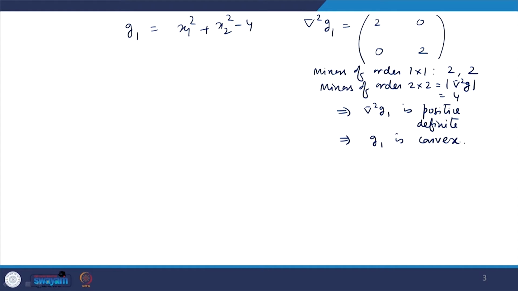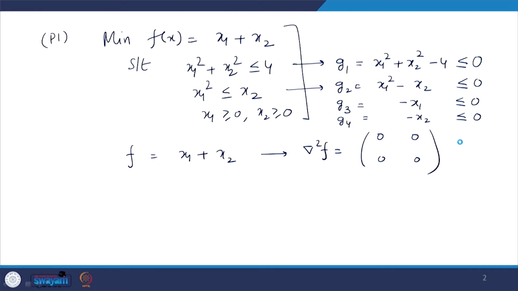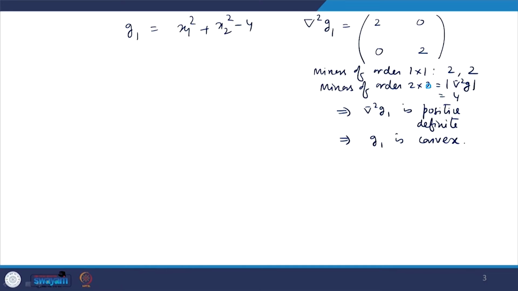Now, what is the second constraint? The second constraint is x1 square minus x2. Similarly, let us find it for the second constraint. What is the Hessian matrix of G2? It is 2, 0, 0, 0.